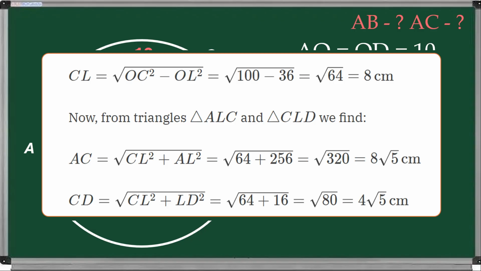CD squared equals 8 squared plus 4 squared. CD squared equals 64 plus 16. CD squared equals 80. Taking the square root, CD equals the square root of 80, which simplifies to 4 times the square root of 5. This is the length of the leg.